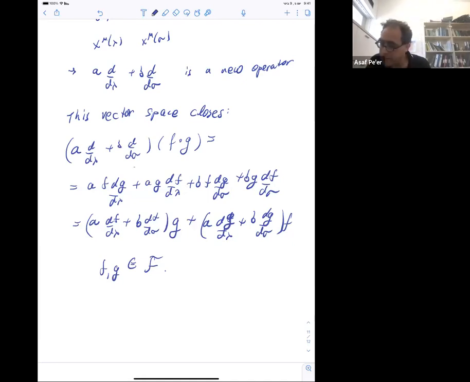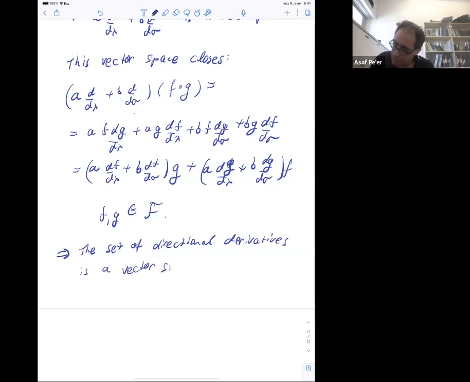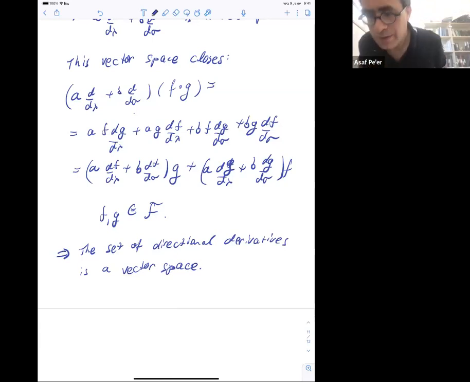So the set of directional derivatives is indeed a vector space. That shouldn't be of any surprise to you. Only that now we looked at directional derivatives over curves along any arbitrary manifold.